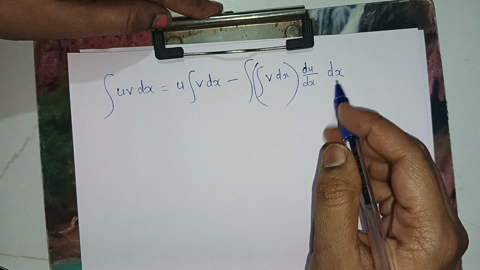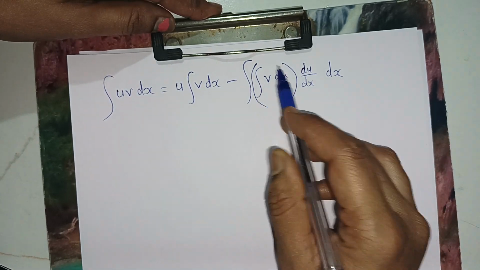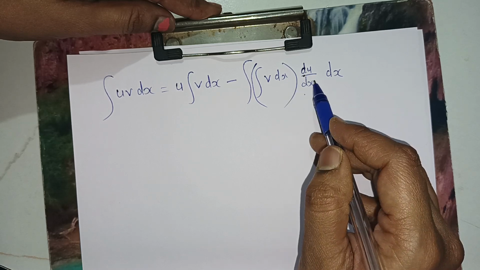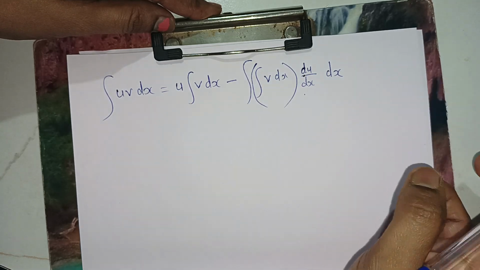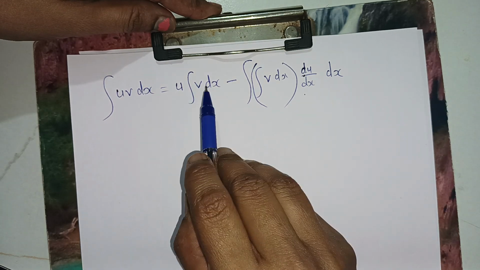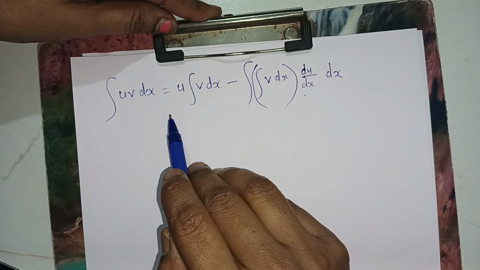So this is the integration of v, this is the derivative of u, take the product of both and then integrate with respect to x. This is the formula.